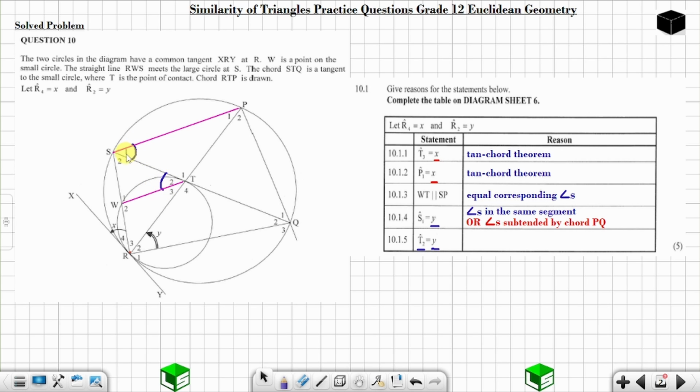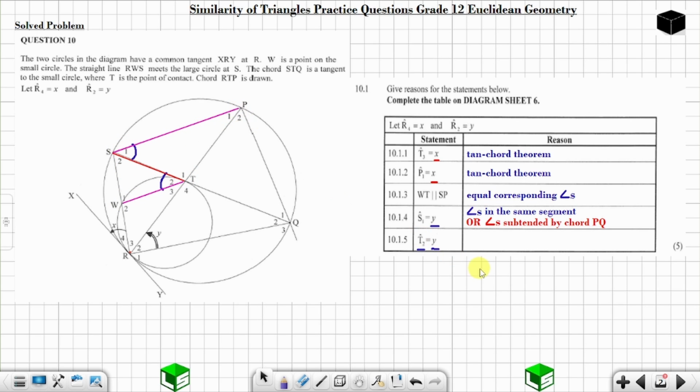Angle S1 is equal to y, so angle T2 is equal to y as well. You have the N shape or Z shape. Can you see? You have this N or Z. This line is parallel to this line.